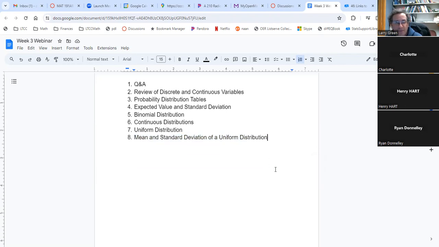And just a reminder, do you remember the difference between a discrete and a continuous variable? Who remembers that? You can pop in the chat box what the difference is. Yeah, discrete is pretty much counted. Continuous is measured. That's a nice way of talking about it.